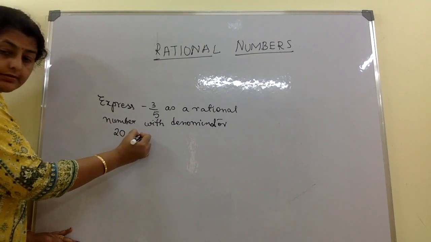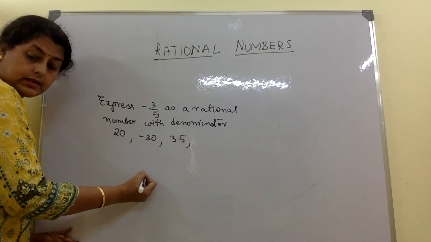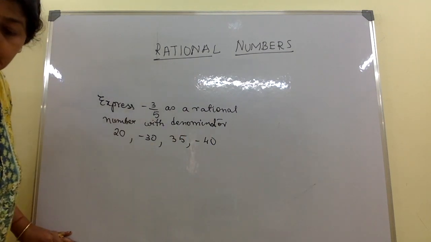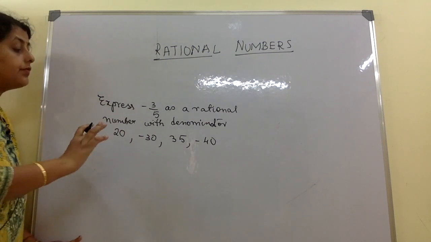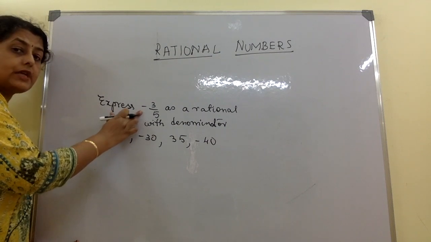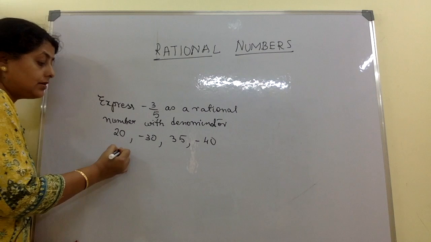There are 4 sums here, the first question of the first exercise. These are the 4 denominators. We have to convert this fraction to have these denominators. Let's see how we do it.